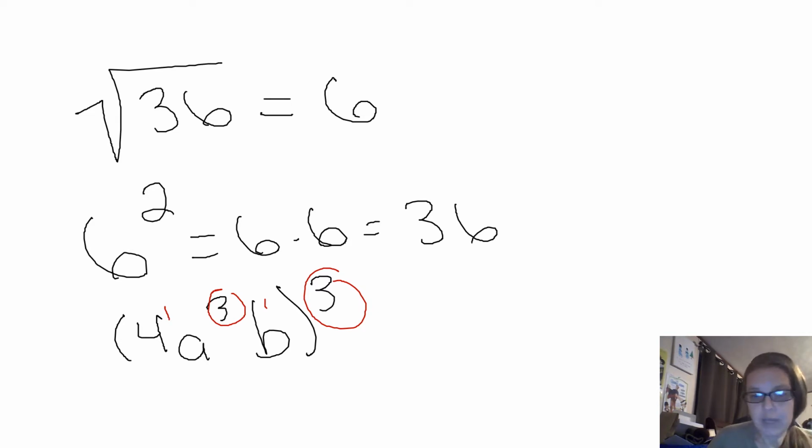We multiply them. We distribute that exponent into those parentheses and every exponent there. So this becomes 4 to the 3rd power, a to the 9th power, because we multiply powers to powers, b to the 3rd power. Okay, we've already kind of talked about that.